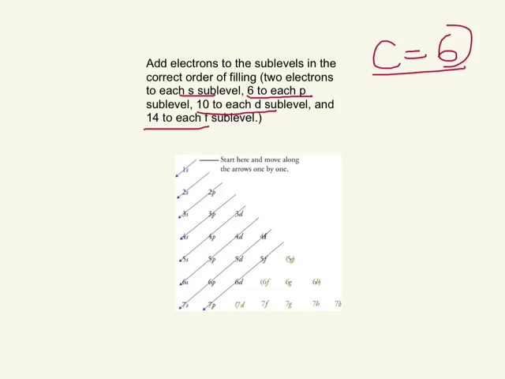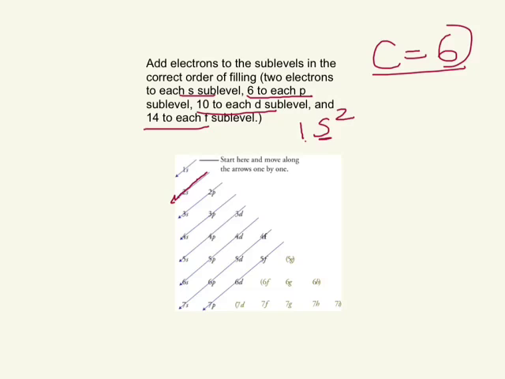The first one is 1s. What does 1s mean? It means the first energy level and the s sublevel. And how many electrons can we put in s? 2. So 1s2.